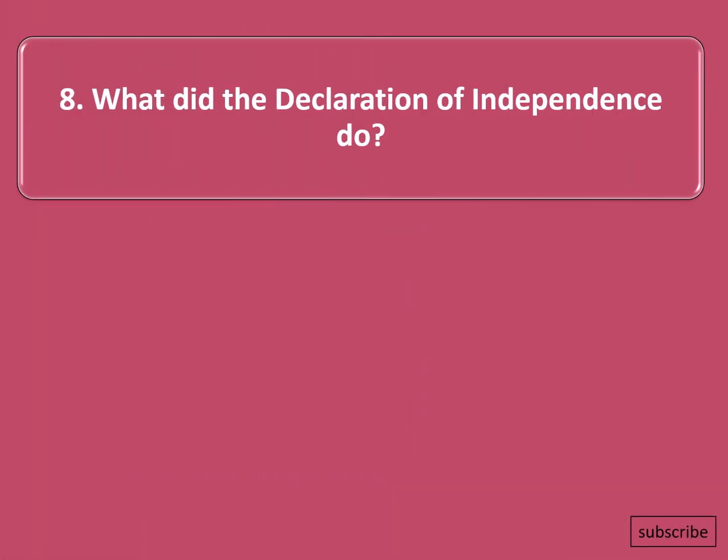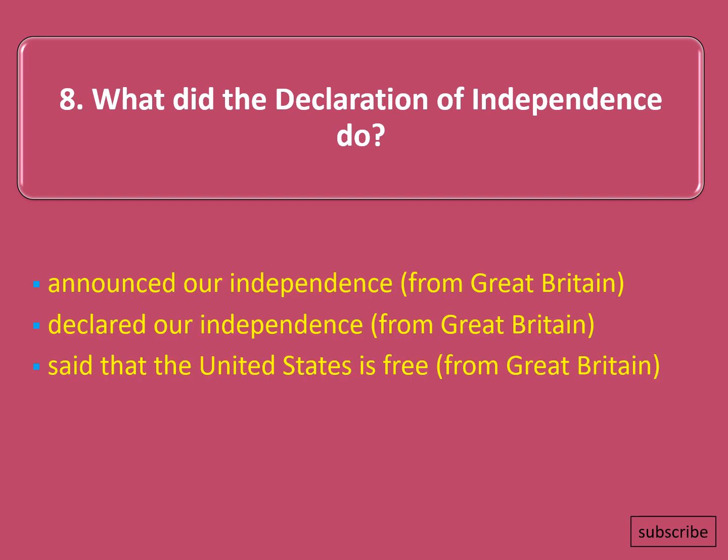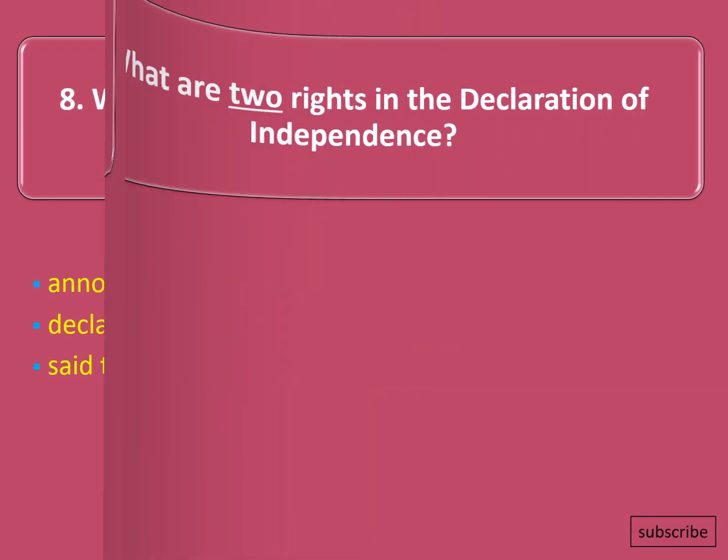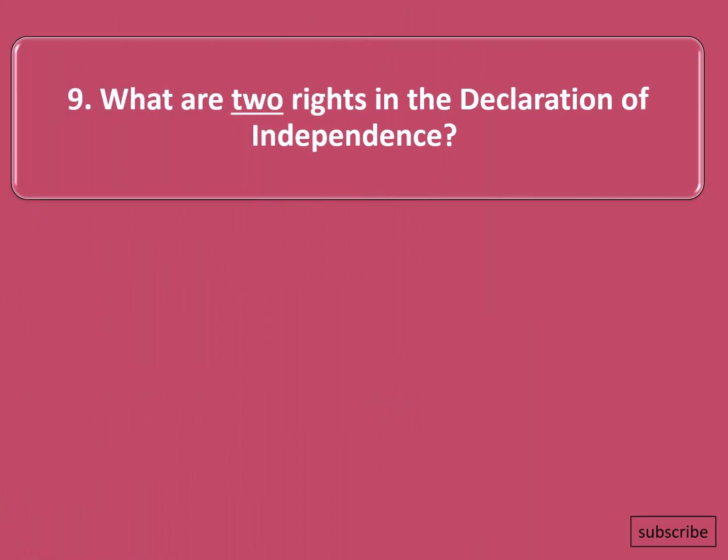What did the Declaration of Independence do? Announced our independence from Great Britain. Declared our independence from Great Britain. Said that the United States is free from Great Britain. What are 2 rights in the Declaration of Independence? Life.